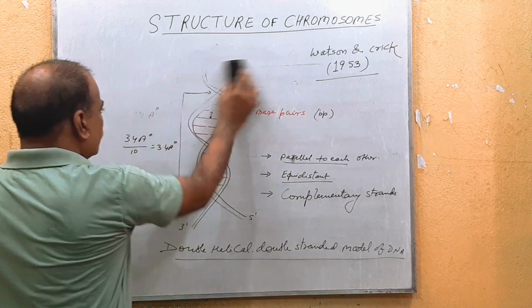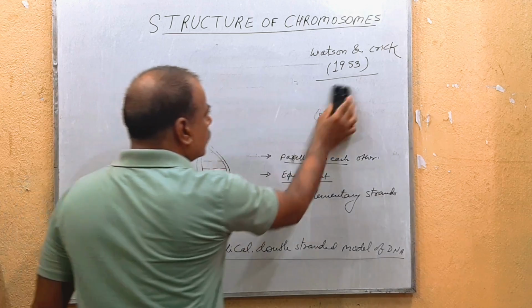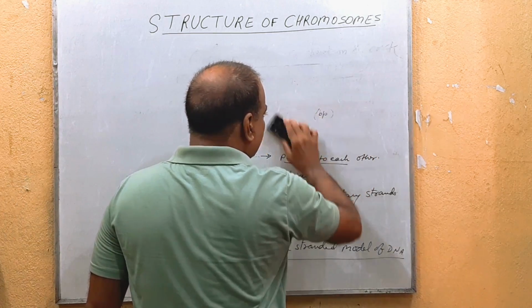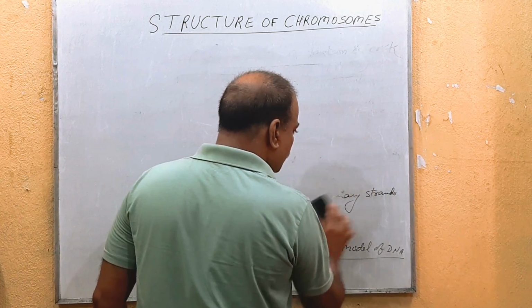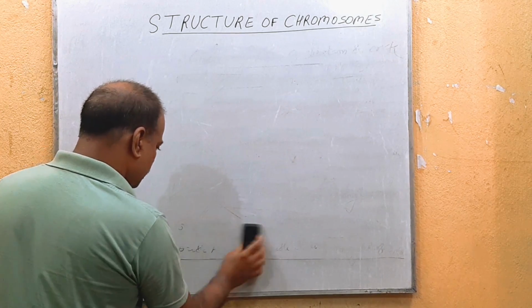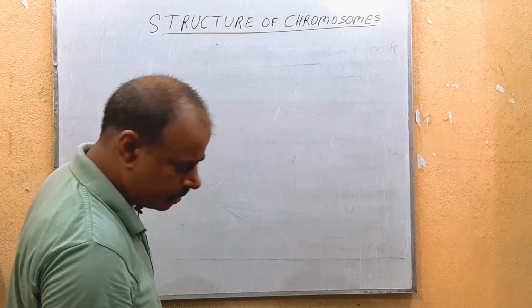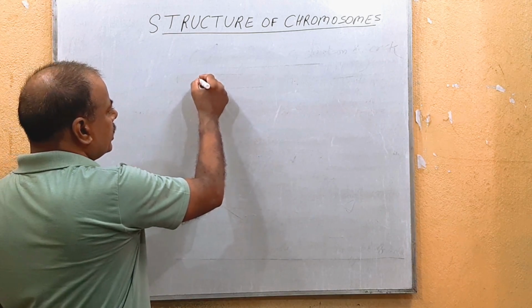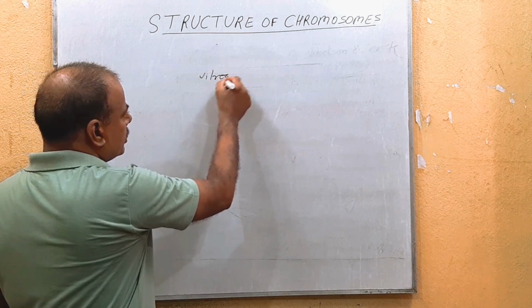Now, 4 different types of nitrogenous bases may be present in DNA as well as RNA.